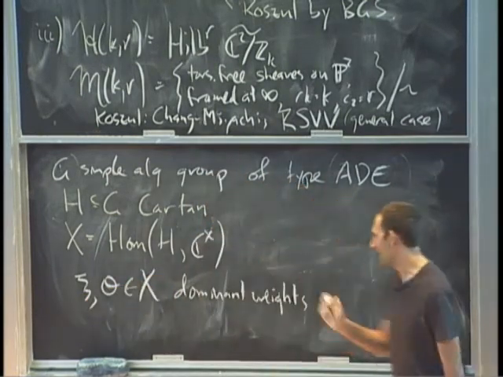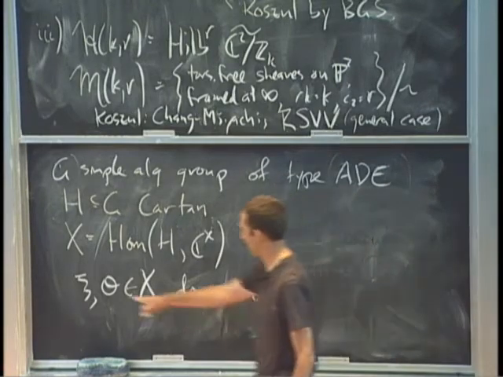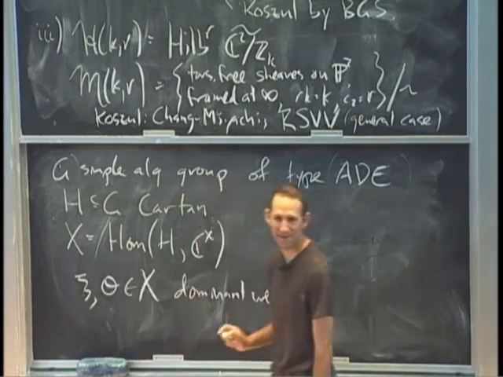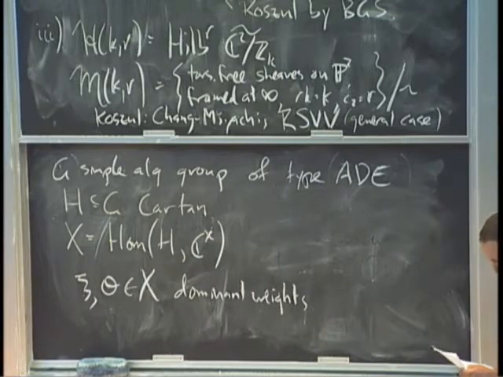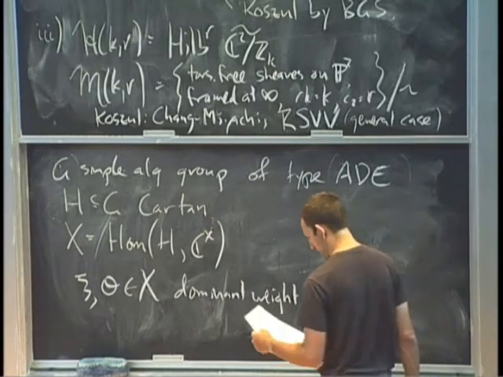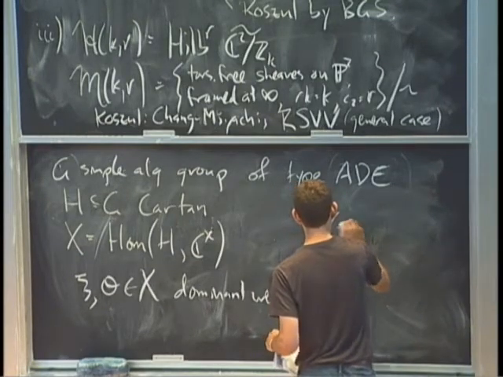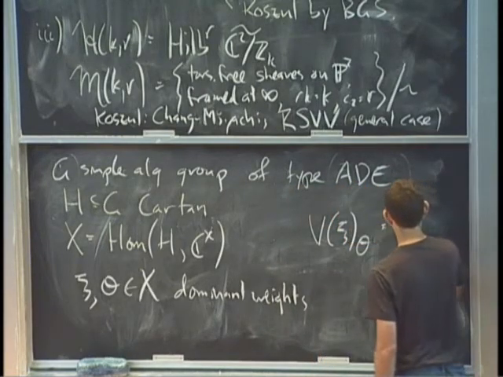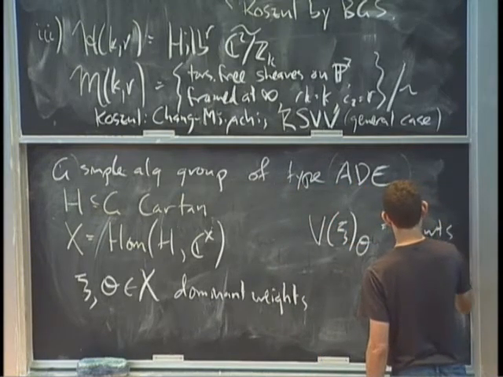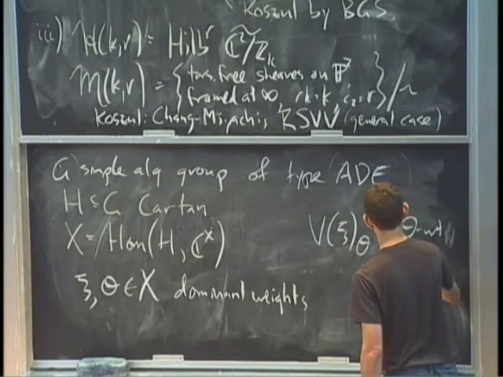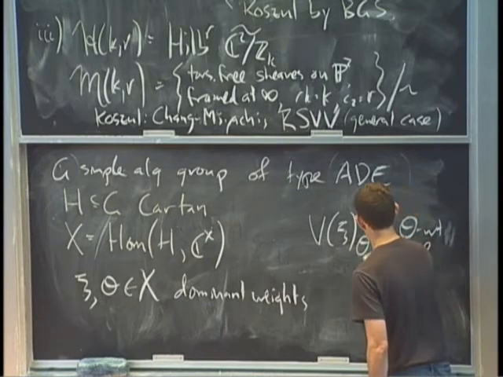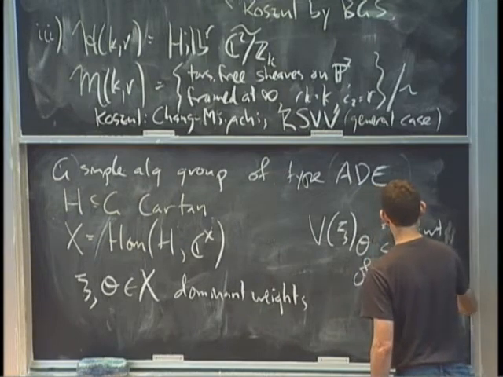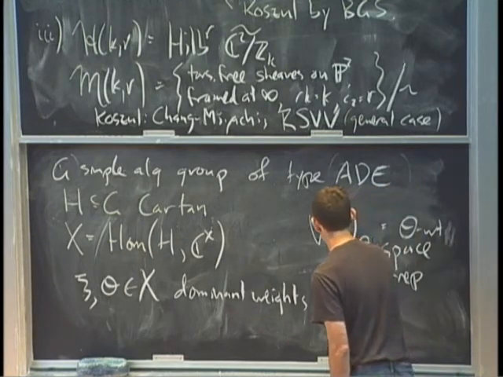So if you can't bear not to call them lambda and mu, well, you can think of this as lambda and this as mu. Okay. So my goal is to understand V xi theta, which is the theta weight space of the irrep of G with highest weight xi.